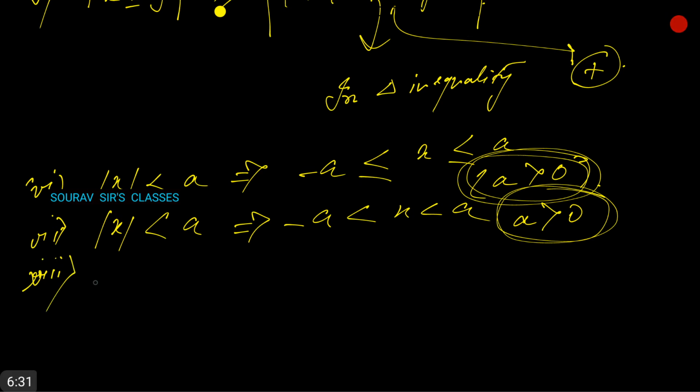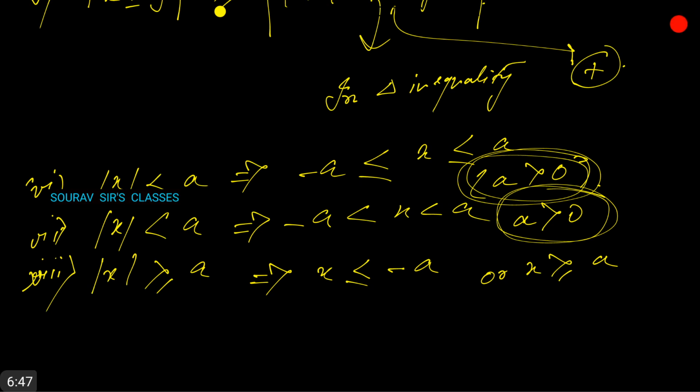So this is property number 8, which states that modulus of x is greater than or equal to a. This means x is less than or equal to minus a, or x is greater than or equal to a. So here also a is greater than 0.